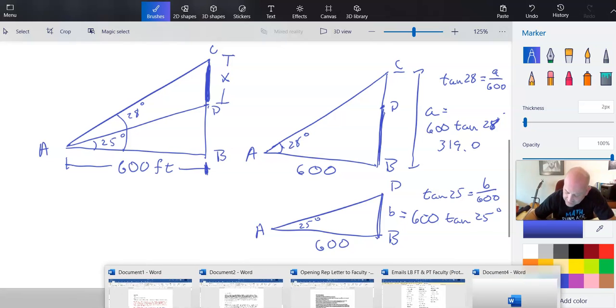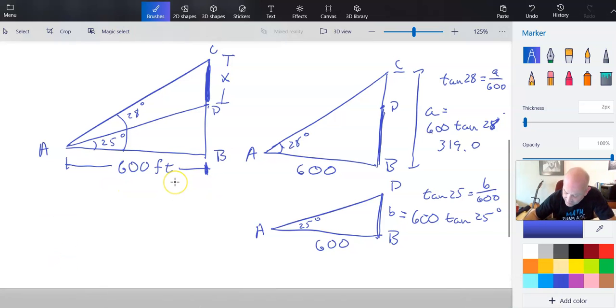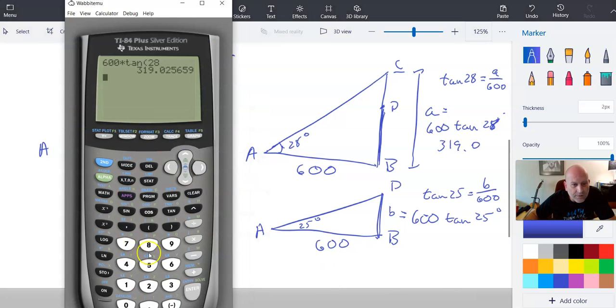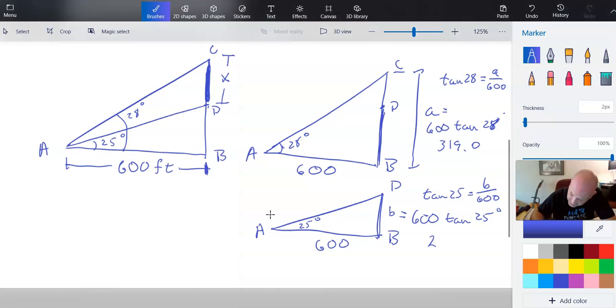And then over here, 600 tangent 25 gives us 279.8. And remember, again, those are feet.